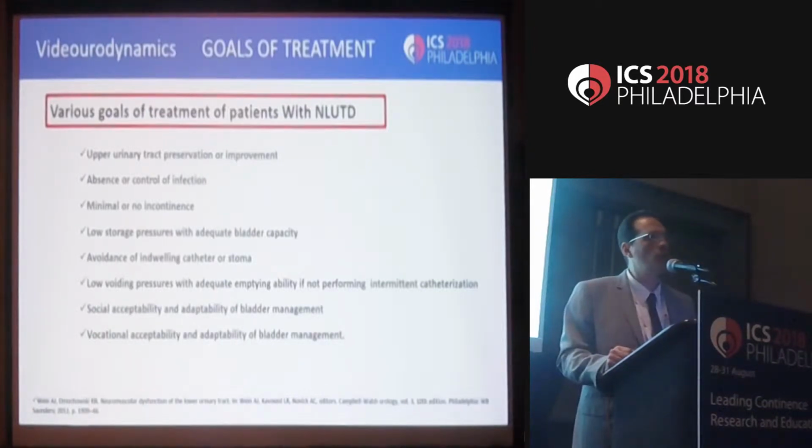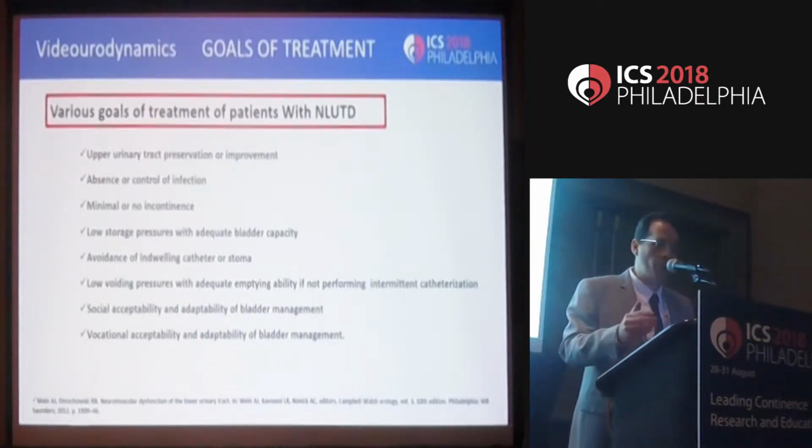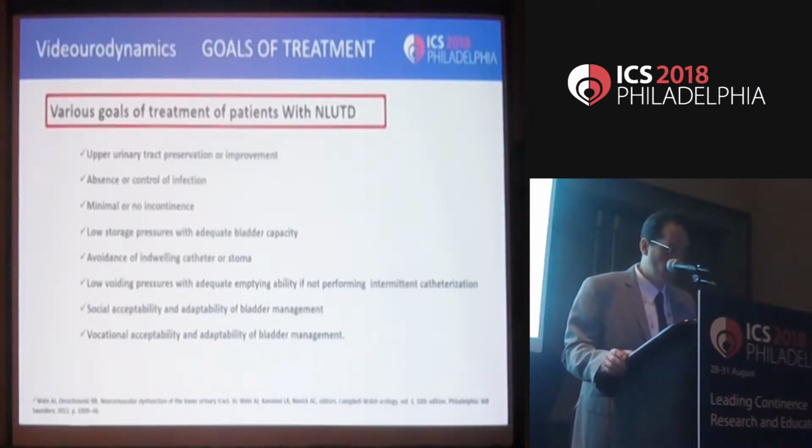I work with adults, so I receive patients from the infant hospitals after they are grown up, after 18 years old. After I receive them, I make a videodynamic study, I go on with clinical observation, and when I see a clinical change, I order a new videodynamic study as well.